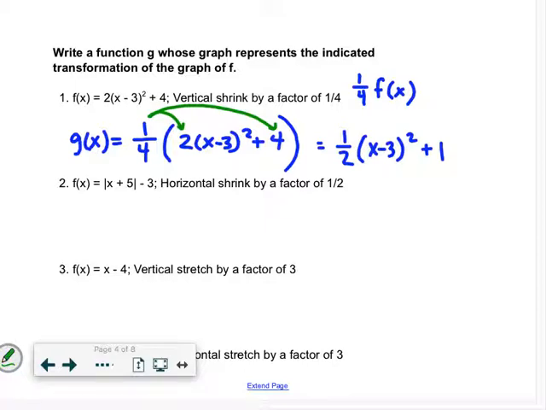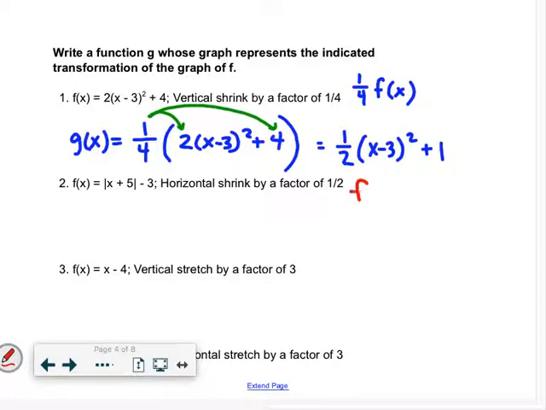F of x equals the absolute value of x plus 5 minus 3. And we want to do a horizontal shrink by a factor of 1/2. So if we're horizontally shrinking by a factor of 1/2, in the equation that's going to look like a 2, because we're going to use the reciprocal. And it's horizontal, so instead of multiplying out in front, it's going to multiply inside with x.